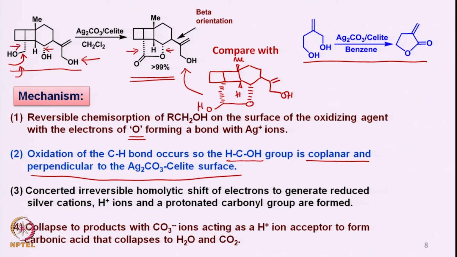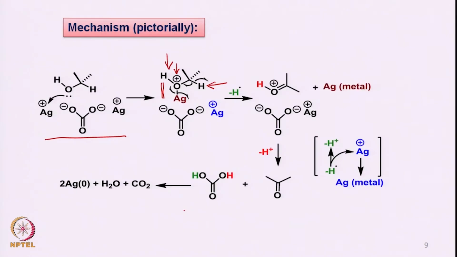Then there is a concerted irreversible homolytic shift of electrons to generate reduced silver cations and hydrogen ions and a protonated carbonyl group that are formed. This is how it is here.